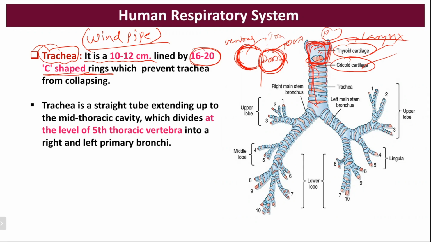These rings always keep the trachea open so that atmospheric air passes through the trachea and ultimately reaches our alveoli, where exchange of gases occurs.